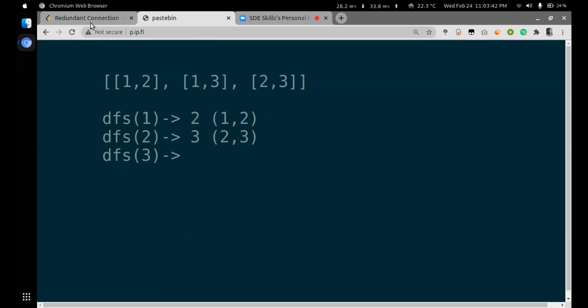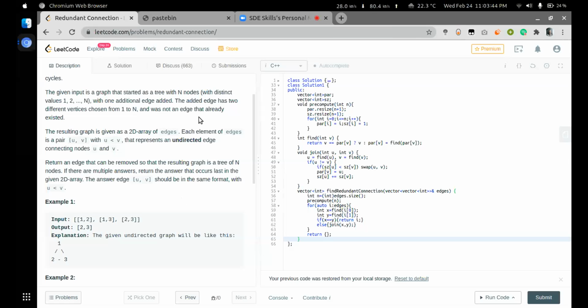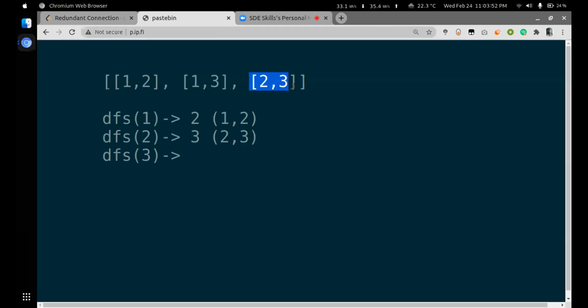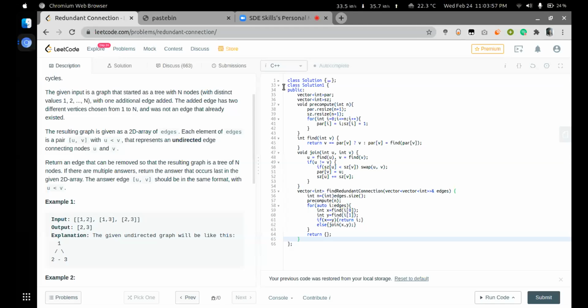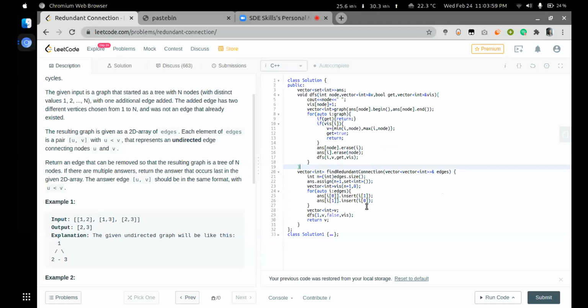And even here, since they have mentioned that we have to return only the last value, this DFS won't ever give me the last edge to be deleted. So this is the implementation part.